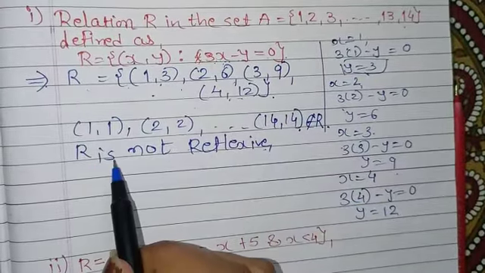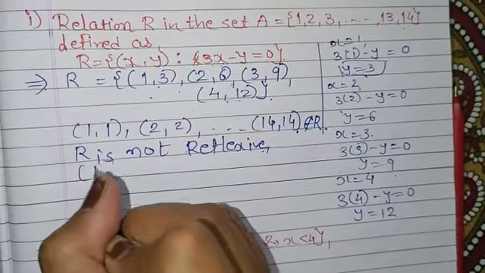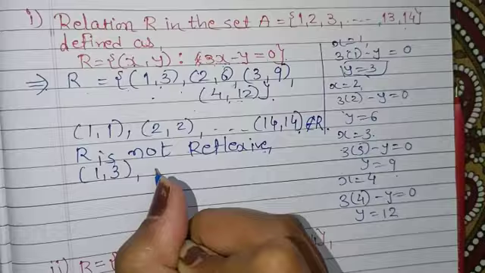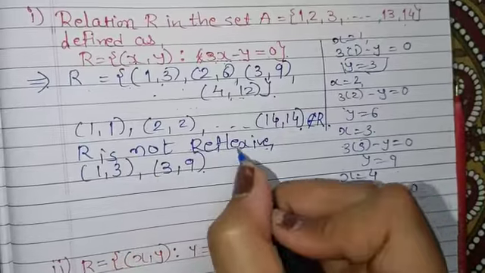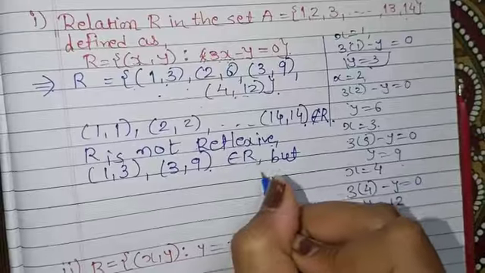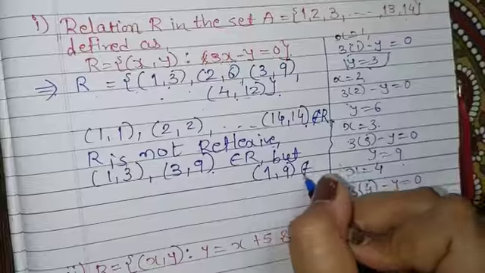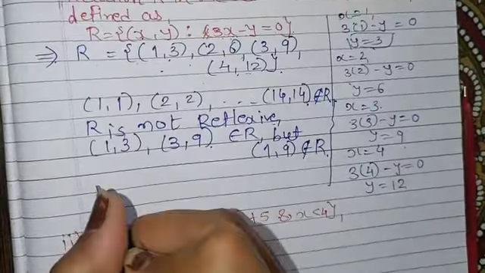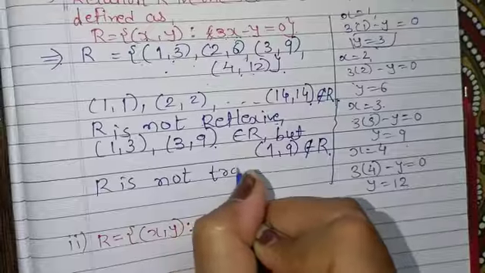Second, we will check for transitivity. If we take the ordered pairs (1, 3) and (3, 9), they belong to R, but (1, 9) does not belong to R. That's why R is not transitive.